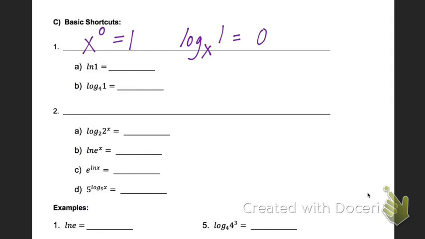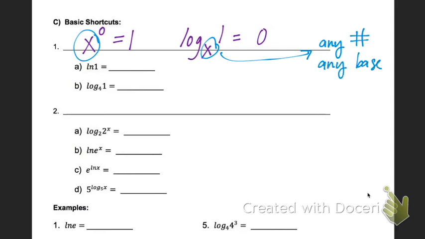So what that's saying is if we call x any number or any base, it doesn't matter if it's a 1, a 2, a 3, an 857, anything, if I have a log of 1, that's always going to equal 0.